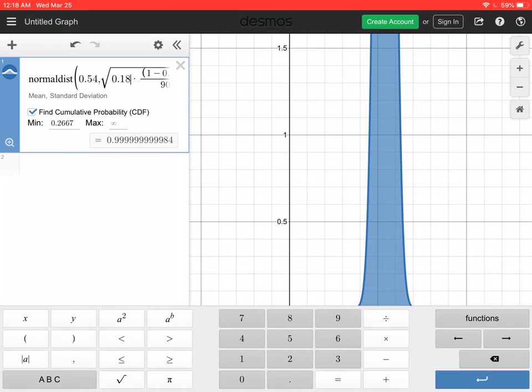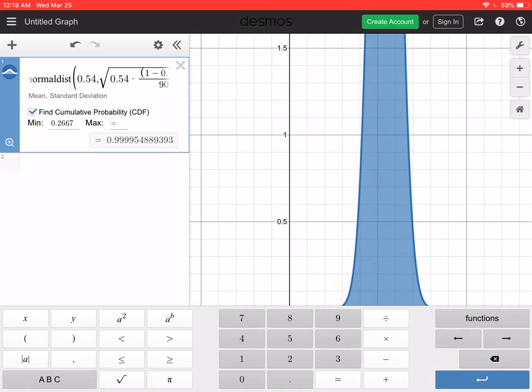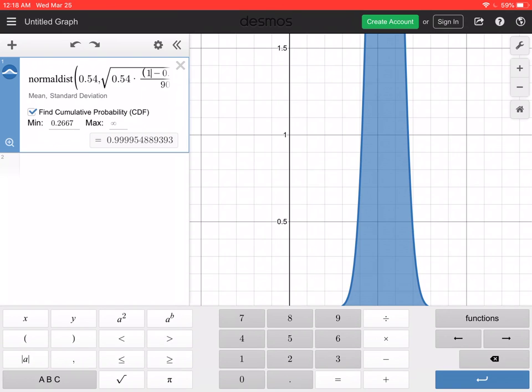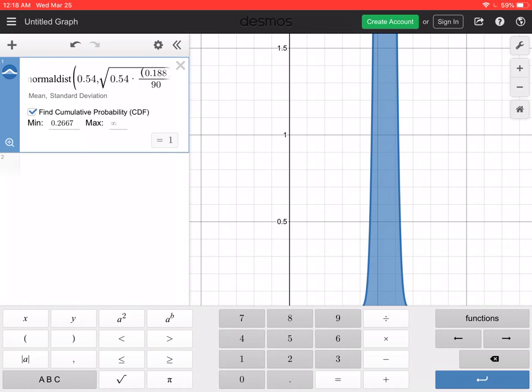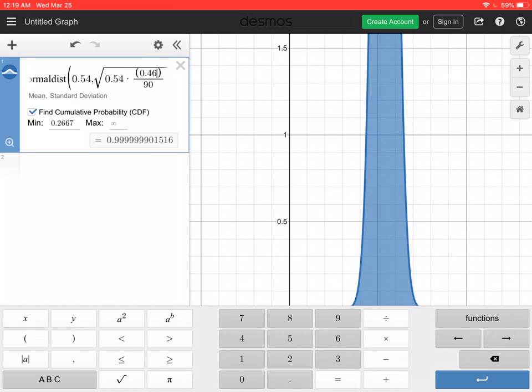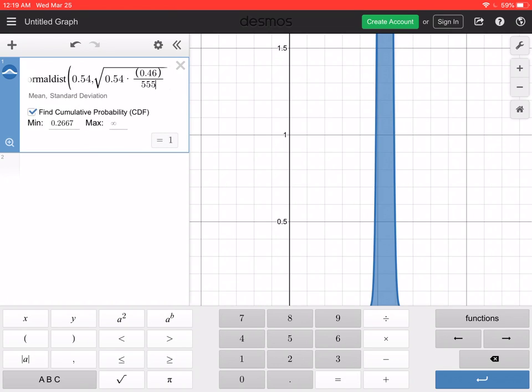Standard deviation, square root of 0.54 times, oops, so 1 minus 0.54, so that's going to be 0.46, over 555. So notice that curve thinning, right, because the standard deviation is getting a lot smaller as we go.